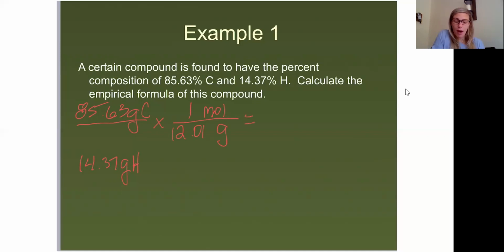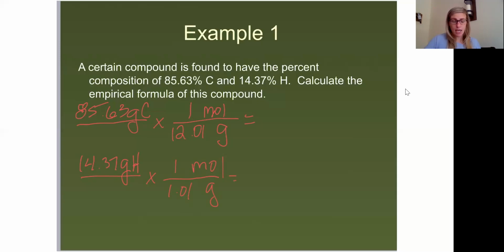On the bottom, I have 14.37 grams of hydrogen. I want to go from grams of hydrogen to moles of hydrogen. So again, set up that fence post. Moles of hydrogen is going to get that 1. Grams of hydrogen off the periodic table is going to be 1.01. For each of these, I'm then going to multiply across the top and divide by the bottom.